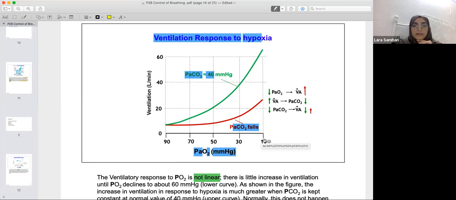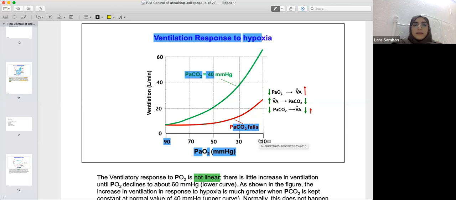On the x-axis, the more you go to the right, the lower the value of the oxygen. Moving from right to left on the x-axis that shows the partial pressure of oxygen, the higher the oxygen. So if a person has oxygen of 90, it would definitely be better than oxygen of 10, right, because the oxygen is higher.